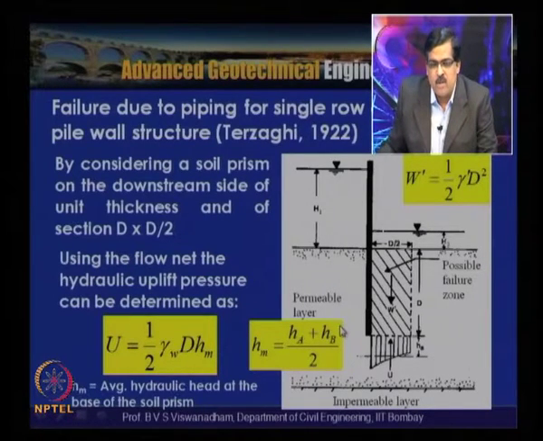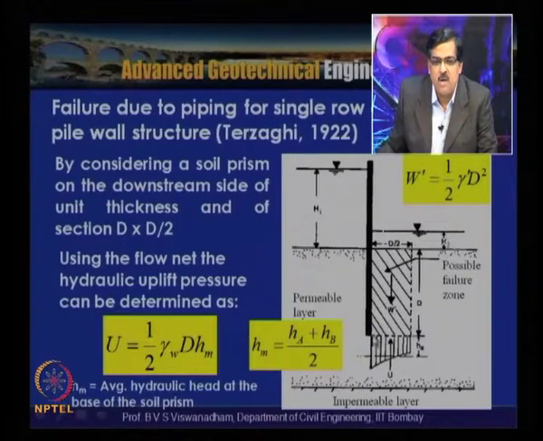Here we have a downward direction, and here an upward direction of the water flow. So this zone is critical for failure and can lead to failure. So this calculation has to be done by knowing the total head here.